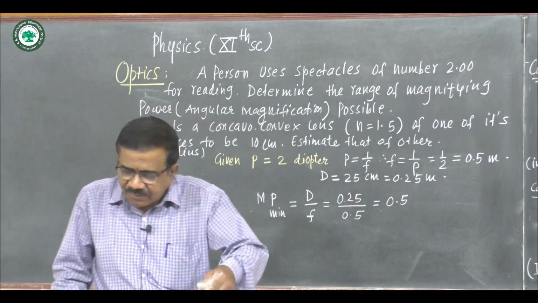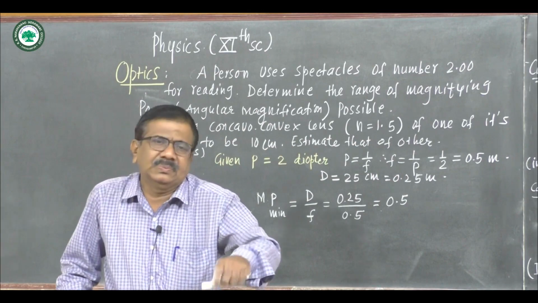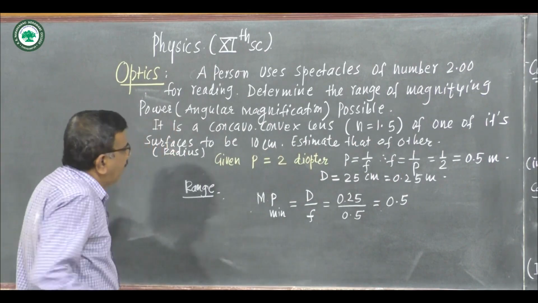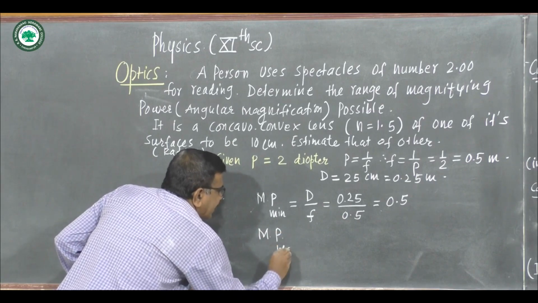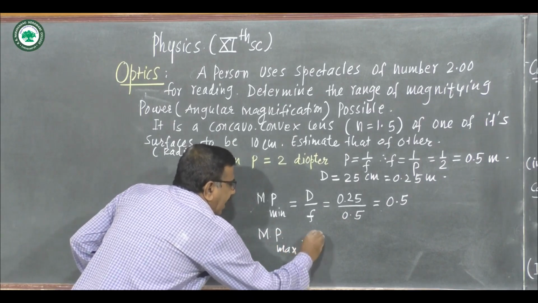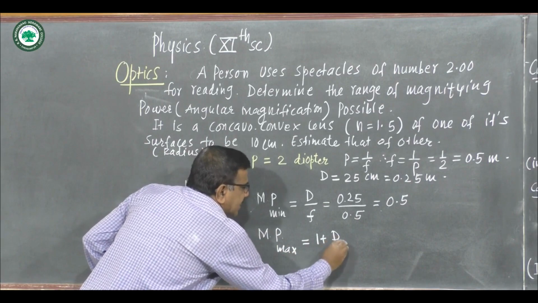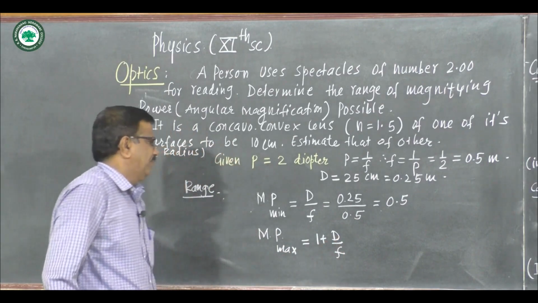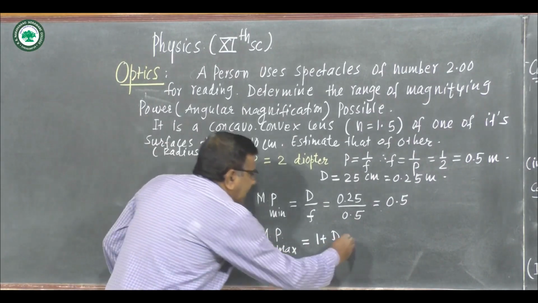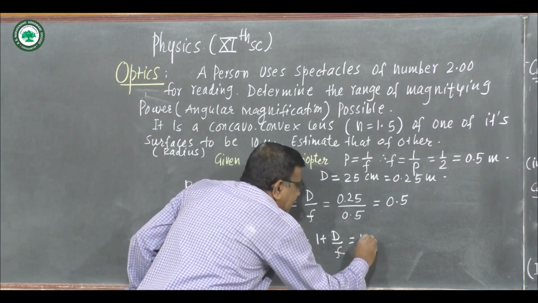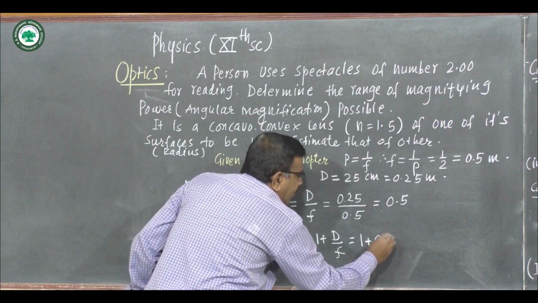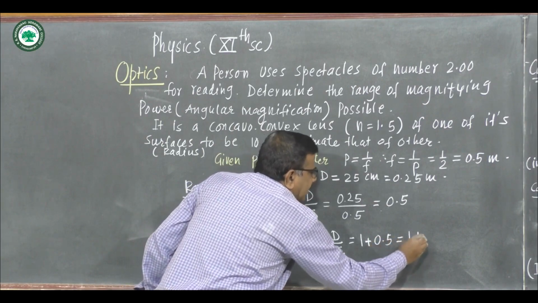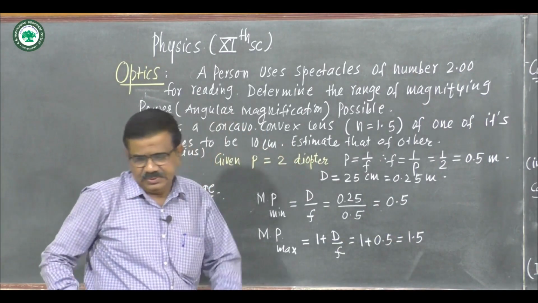Magnifying power maximum, we know it is at the distance of distinct vision, and it is 1 plus D upon F. That is 1 plus 0.5, so that is 1.5.